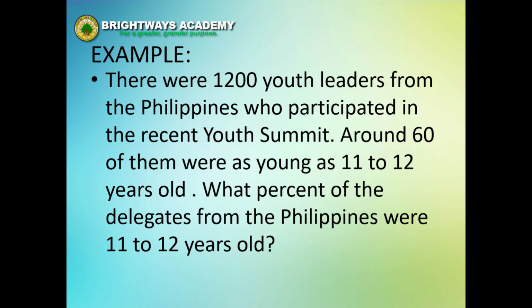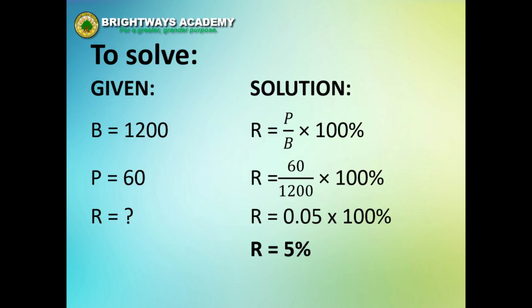In problem 2, it is clear that what is being asked is the rate, since the word percent is mentioned. To compute for the rate, we use the formula R is equal to P over B multiplied by 100%. First we need to find the given values in the problem.